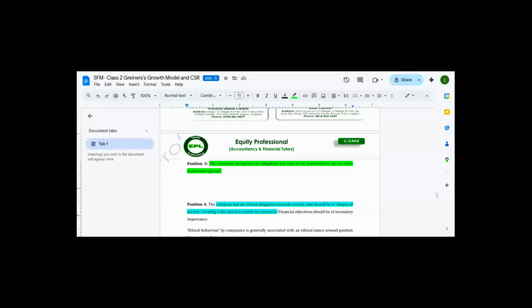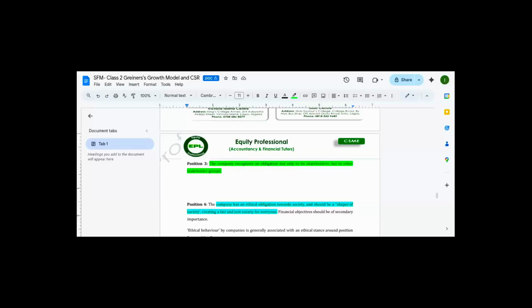What brought up this ethical stance? What is the basis of this? What brought the ethical stance is that we are talking about ethical regulations, the need for a company to comply with laid down rules and regulations by the government, agencies, CBN, and financial institutions like banks.